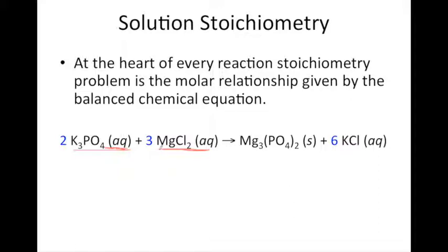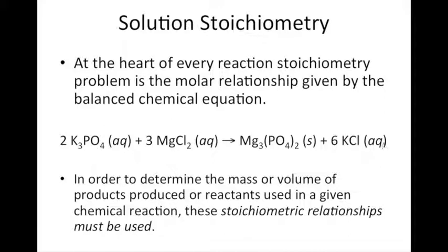These two will react, and the balanced chemical equation gives us the ratio. For every 2 moles of potassium phosphate that react, 3 moles of magnesium chloride will be used, 1 mole of magnesium phosphate will be produced, and that'll be a solid, and 6 moles of potassium chloride will be produced, again, dissolved in water.